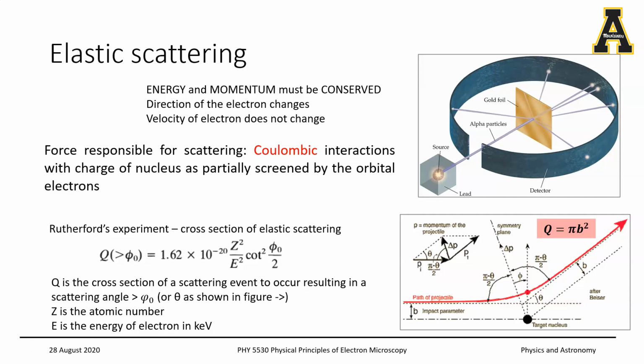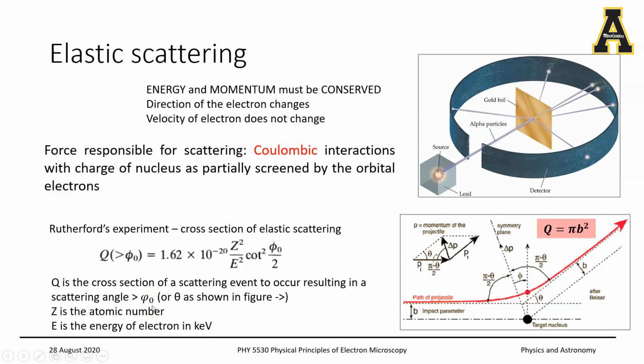Okay. So the square of the impact factor is directly proportional to the cross section of the process, right? So if you look at the expression from Rutherford's experiment, Q is the cross section of a scattering event to occur, resulting in a scattering angle greater than phi naught. And in this figure, it is theta, right?